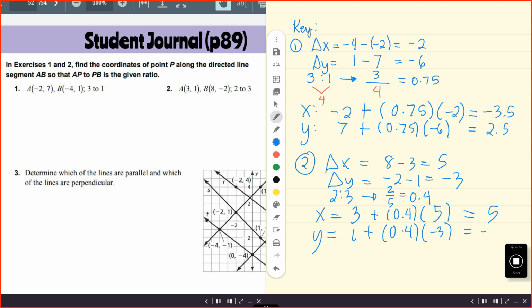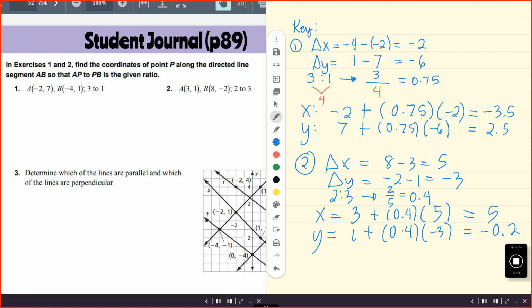Okay, I got negative 0.2. Can you verify, please? I probably got it wrong. Oh, I see. So this is 0.2. Okay, so the partitioning point is 5, comma, negative 0.2.